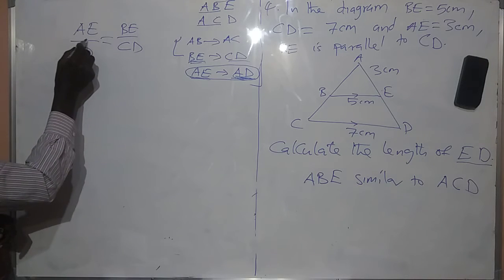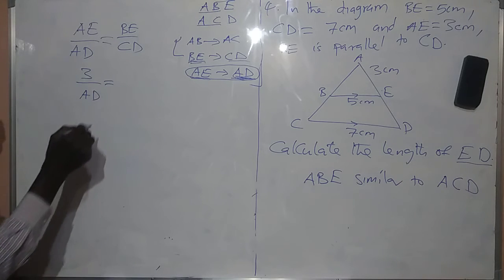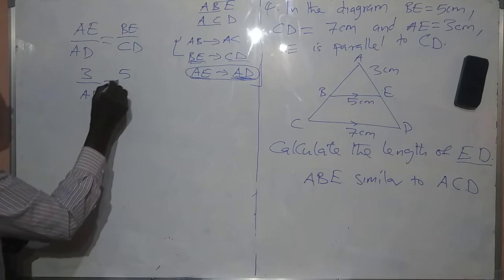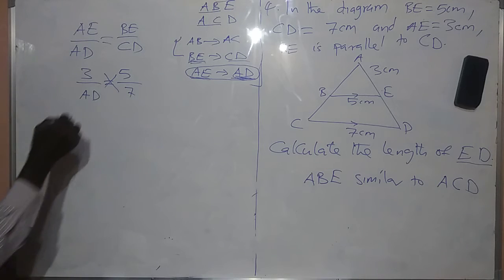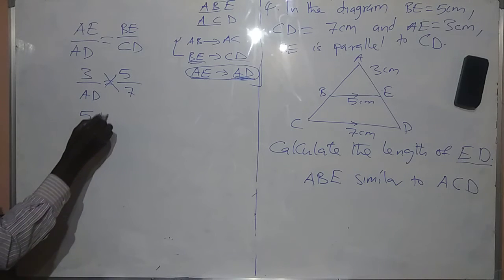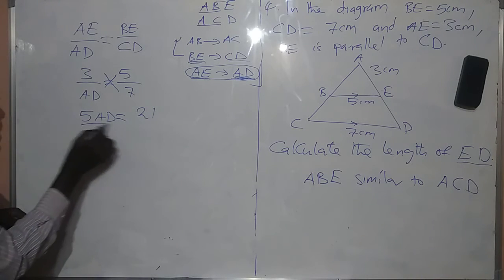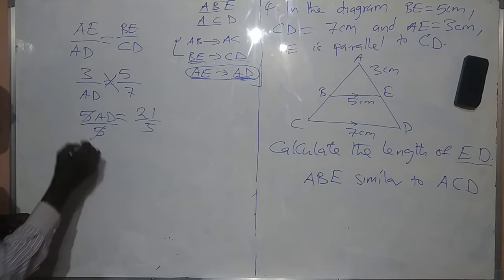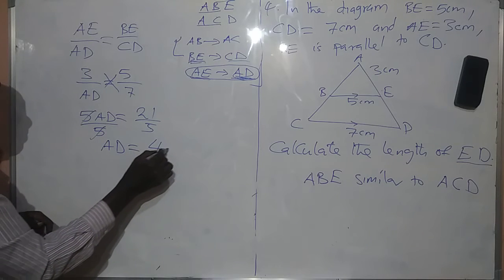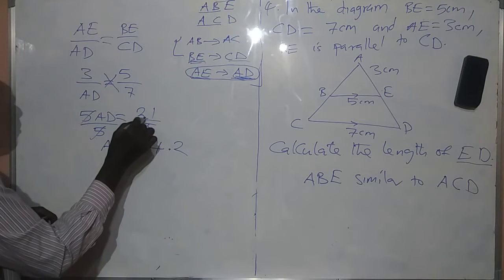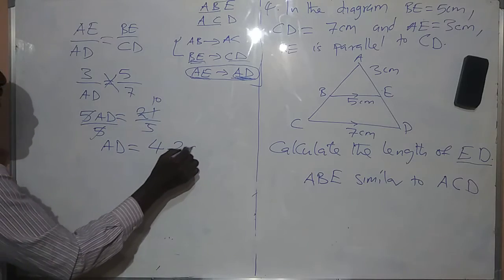And then we can solve now. So we are going to substitute here. AE is 3 divided by AD, and this is equal to BE is 5 divided by 7. Then we can cross multiply. We are going to have 5 times AD is equal to 3 times 7, which is 21. And then we divide by 5 both sides. So AD will be equal to 21 divided by 5, which is 4.2 centimeters.